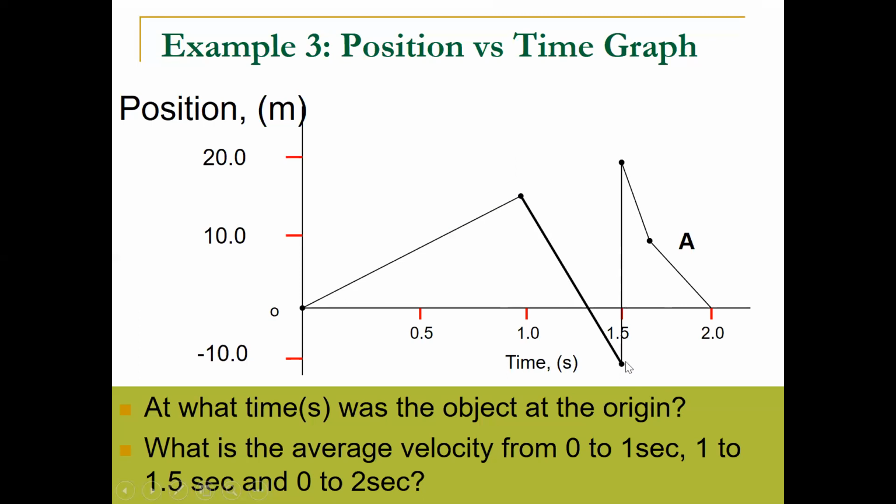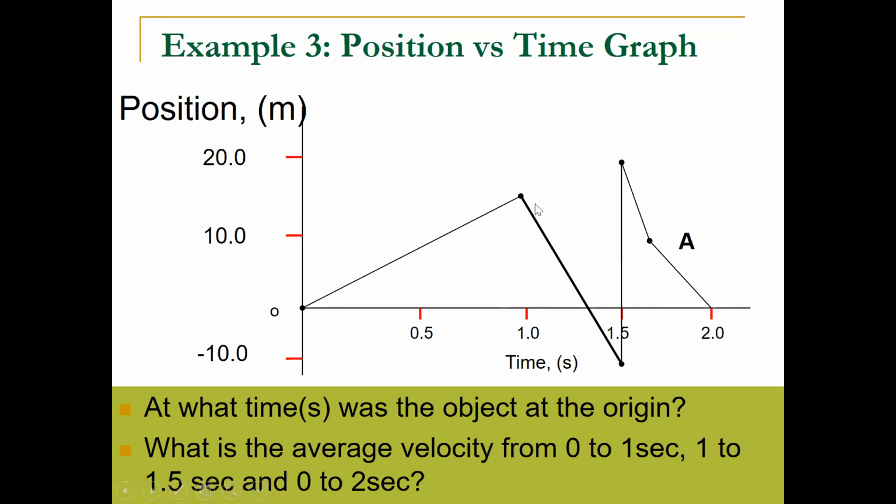So your final position is -10. -10 minus 15 is going to be a total of 25. And it's negative. So it's a change of -25, and that's denoted by the fact that it went down. So we've got -25, and it does so in half a second.